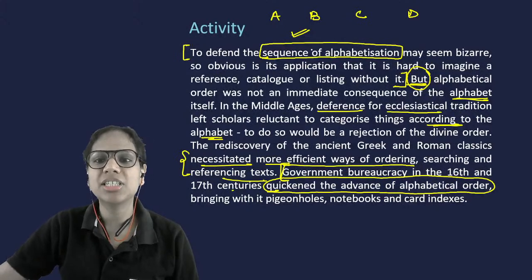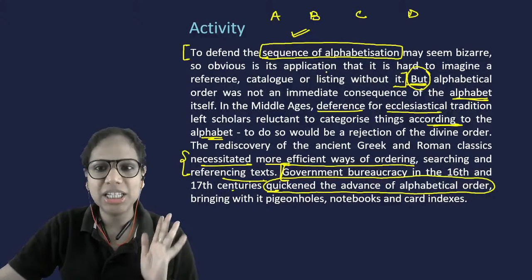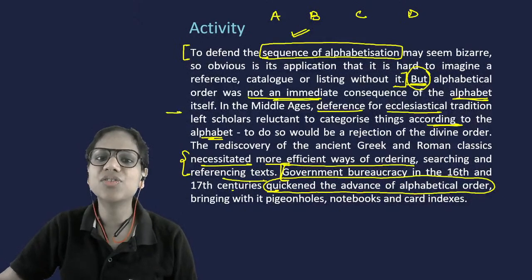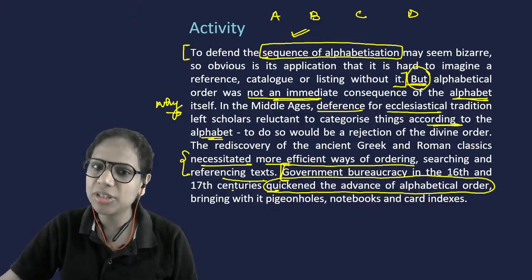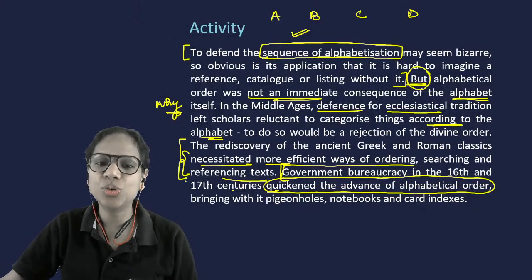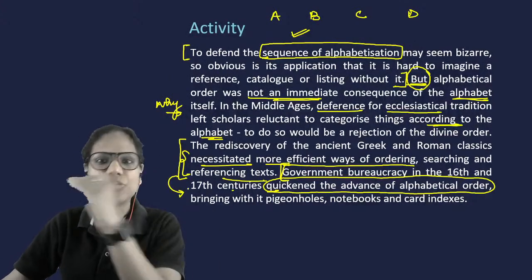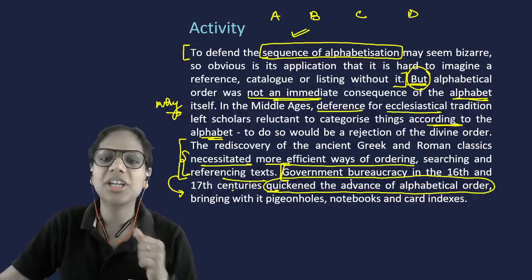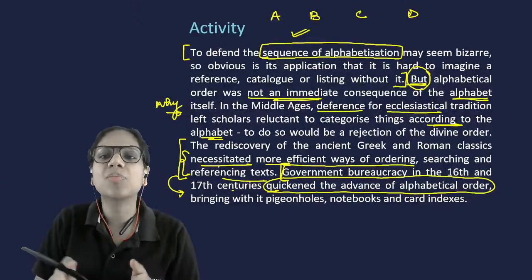So we are first saying it wasn't adopted immediately. It then gives us the reason why it wasn't adopted immediately. Then a need arose, and then something hastened the pace of adopting alphabetical order. This is what this paragraph is about.